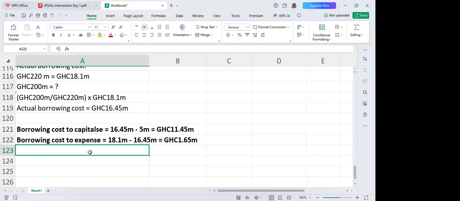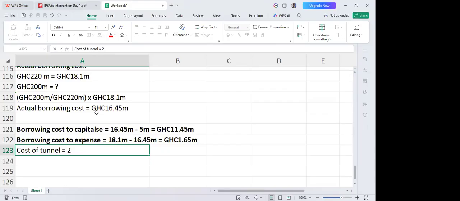Now, if the question was to go further and I ask you for the cost of the tunnel, how are you going to get it? Ransford: "It's going to be the 200 million plus the borrowing cost to capitalize."